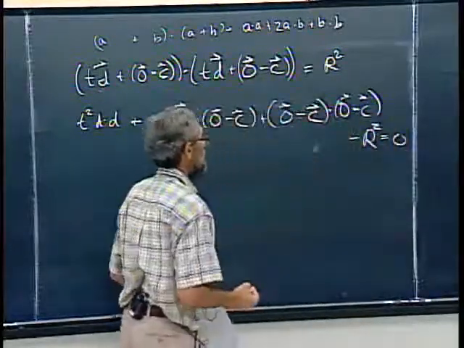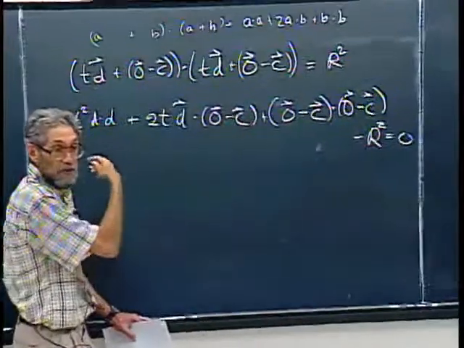I'm going to bring the r squared to the other side just because I want it in the form f of something equals 0.